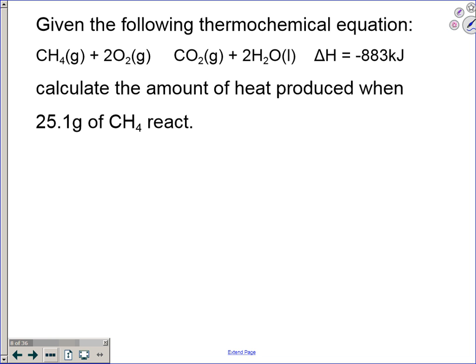Figure this out. You got this. I like to see what you can do before I help you, sometimes.